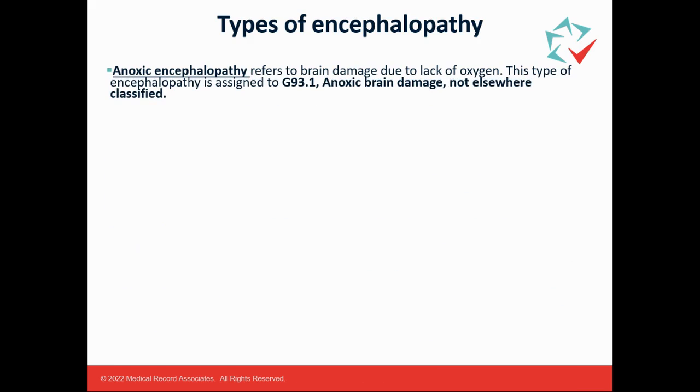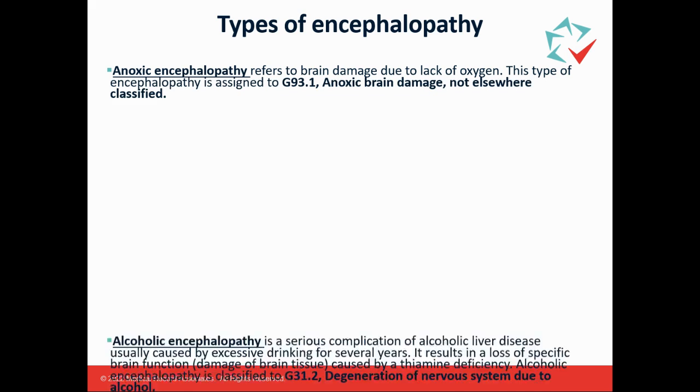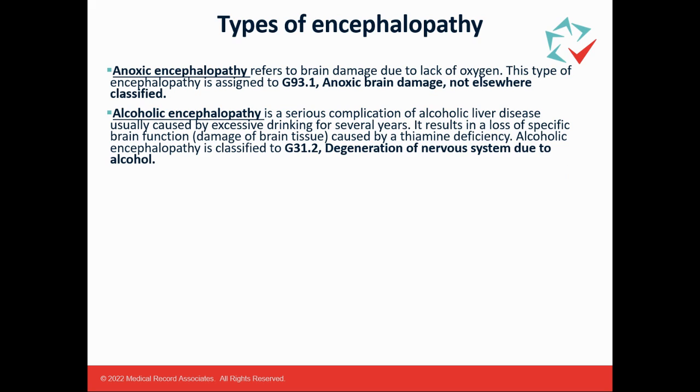First, we have anoxic encephalopathy, and this is coded to G93.1, anoxic brain damage, and it refers to brain damage occurring due to lack of oxygen. Alcoholic encephalopathy is coded to G31.2, degeneration of nervous system due to alcohol.